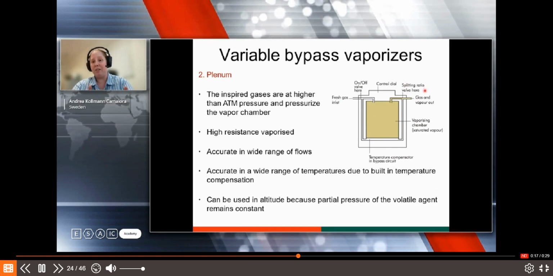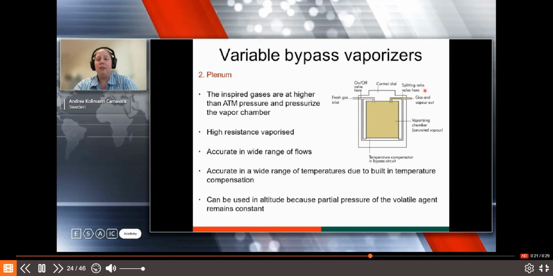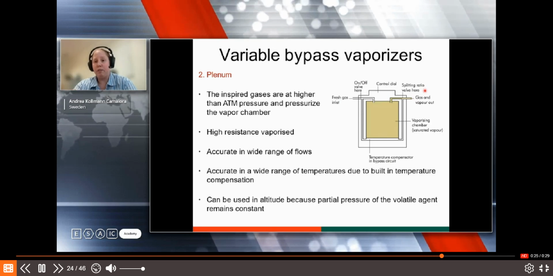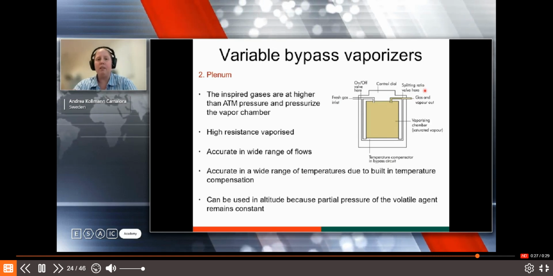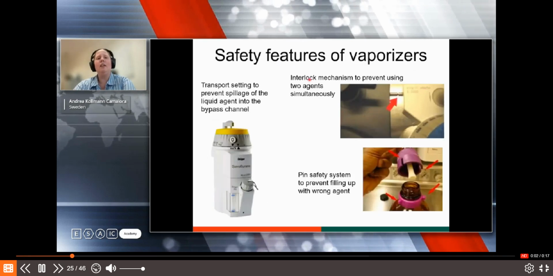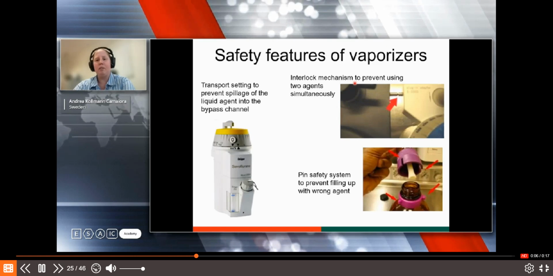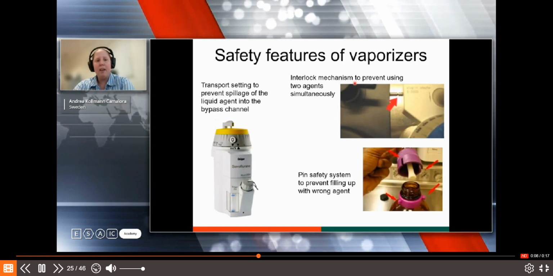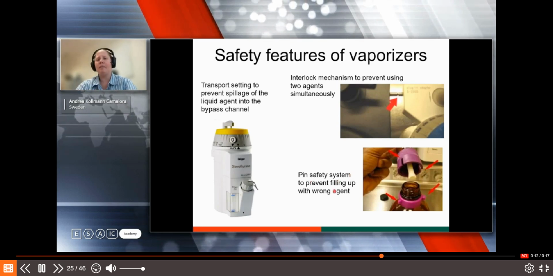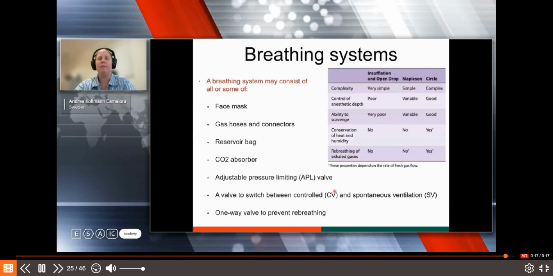So it will flow out. And when you connect it to the patient and you start using it, maybe you can give a sevoflurane concentration of 35%. So to avoid that, there are the anti-tilting mechanisms. Then there is an interlock mechanism. So if you have a machine that has two vaporizers, you can only use one at a time. And then there is a pin safety system to prevent filling the vaporizer with the wrong agent.